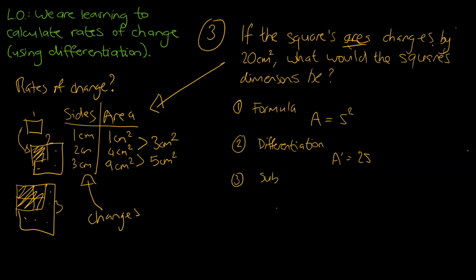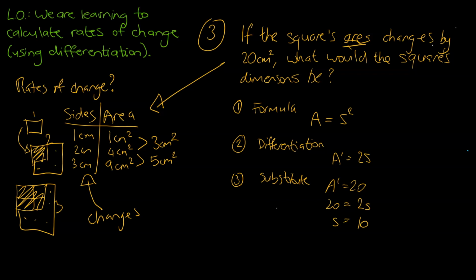And then the last one here, substitute. So this time around, we're not given the area, so the sides or the radius, we're given the change. So what we're going to do is A dash, we know is going to be 20. So 20 is going to be equal to 2s, which means s is going to be 10.